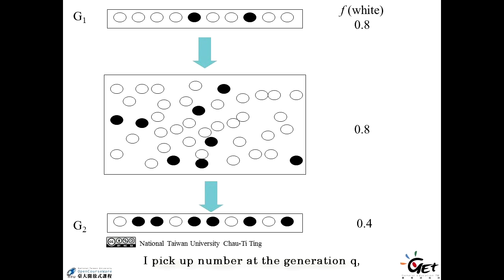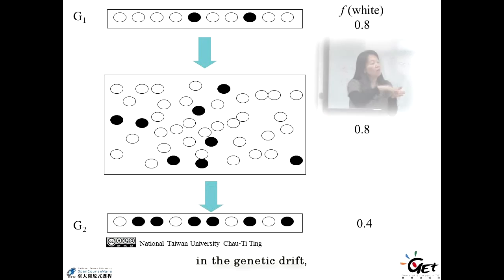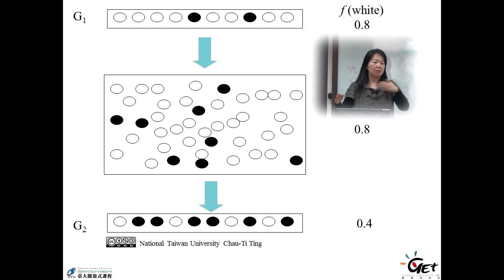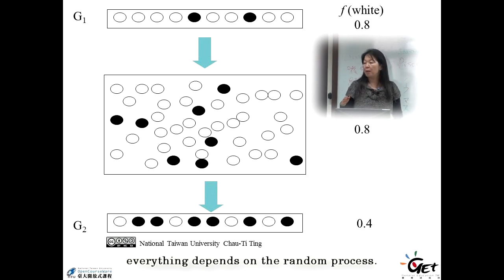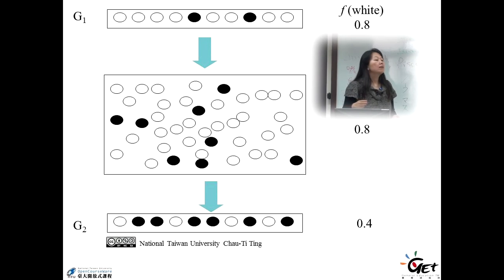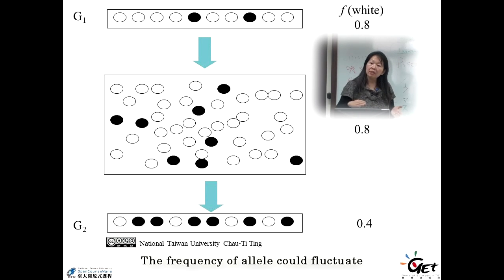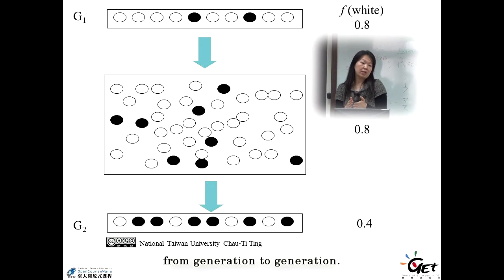Look at the number at generation 2. We can go from 0.8 to 0.4 within one generation just by chance. This tells you that in genetic drift, everything depends on a random process. The frequency of an allele can fluctuate from generation to generation.